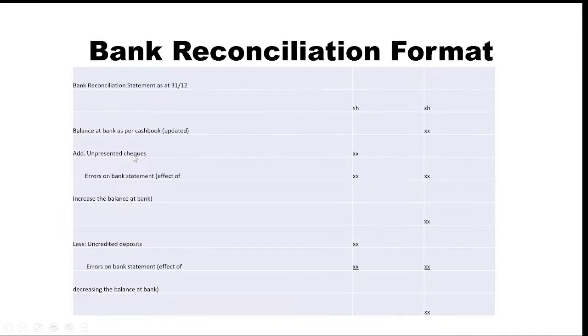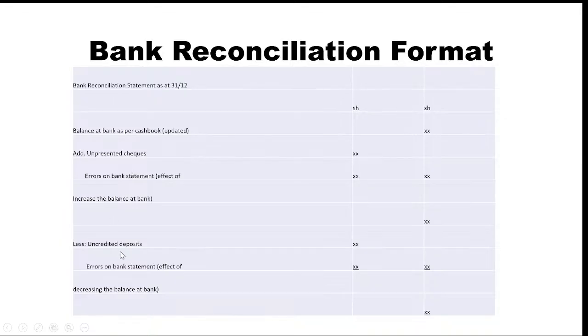We can also have the second format whereby, instead of adding unpresented checks, we start with adding the uncredited deposits and errors on bank statement, then we less the unpresented checks and errors on the bank statements. So you can put these two in two ways.